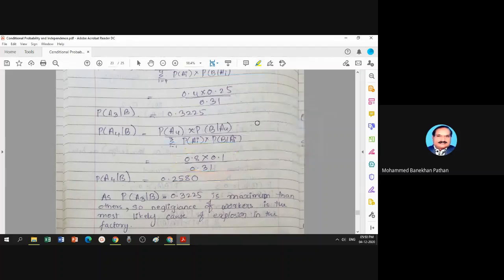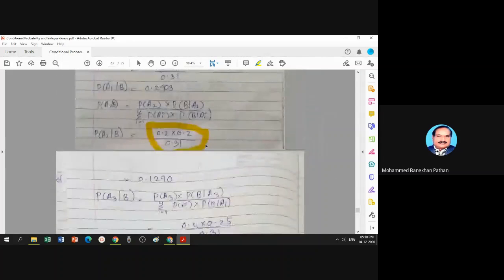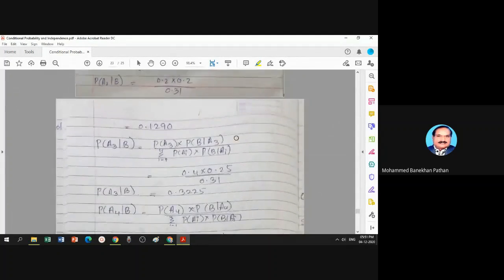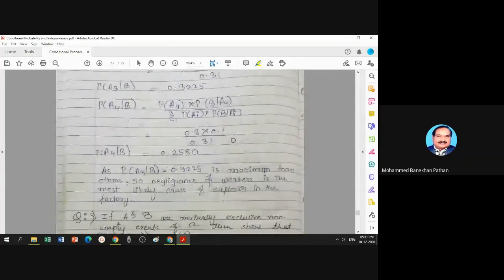So the denominator is common, so it is not necessary to make a correction. 0.31 is common for all calculations. Only the numerator keeps on changing. So 0.31 is common everywhere because the denominator is common in the Bayes theorem.